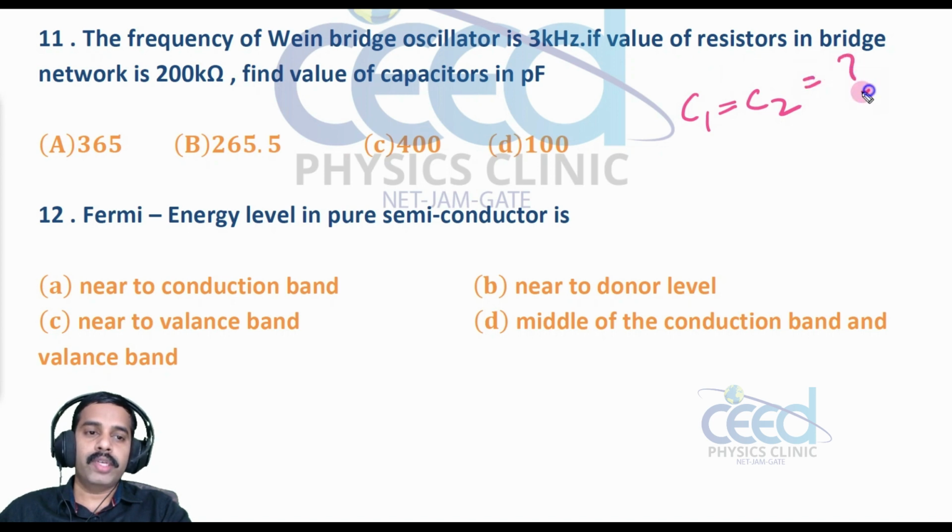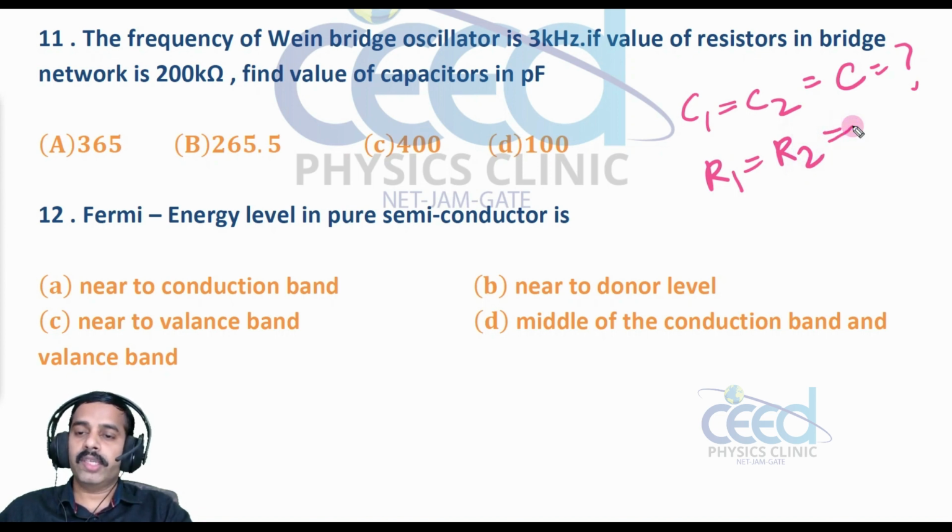That we need to find, suppose that value is C. And there are two resistors, R1 and R2, we are using in the Wien bridge network for working it as an oscillator. So R1 equals R2 equals R, that is given as 200 kilo ohm.